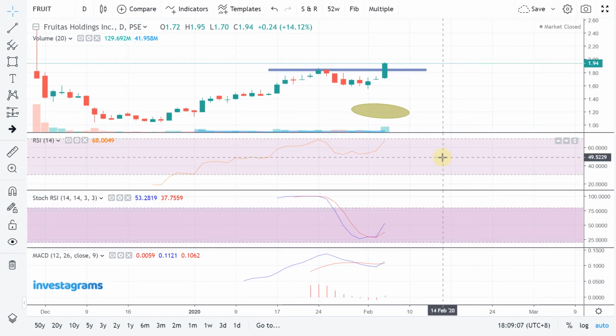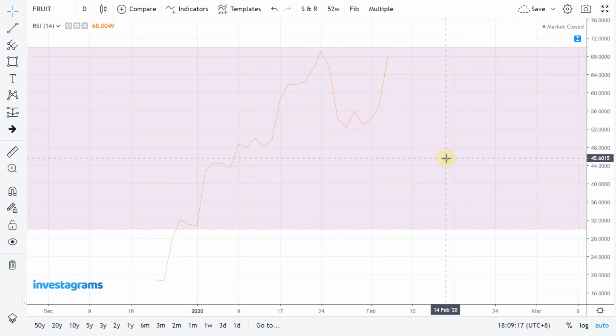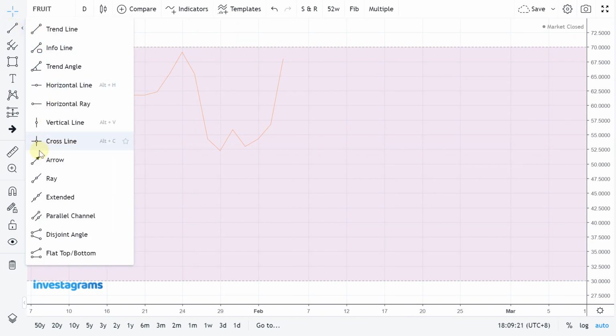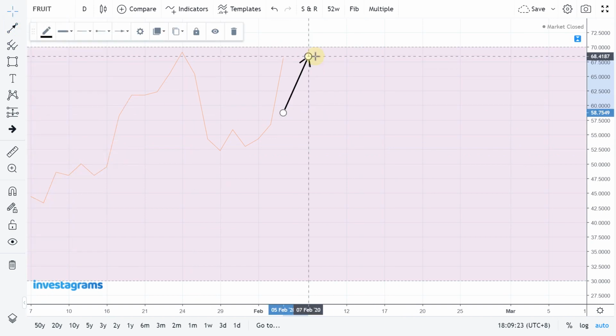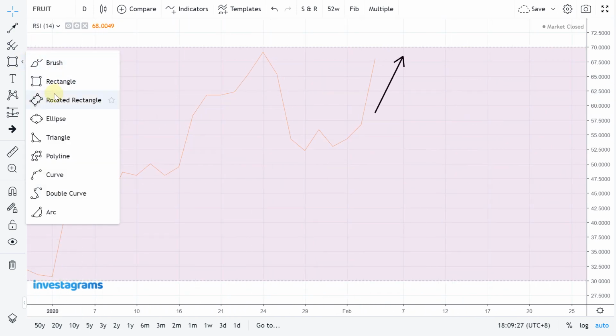For indicators, we use RSI, stock RSI, and MACD. For RSI, pataas tayo, guys. So it means bullish tayo for daily chart.